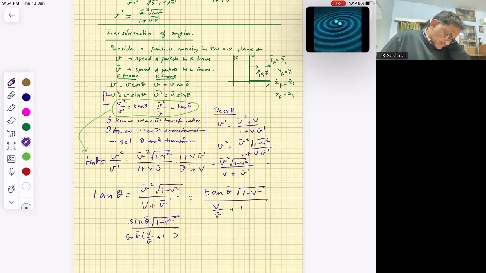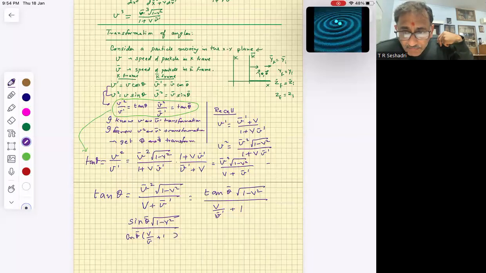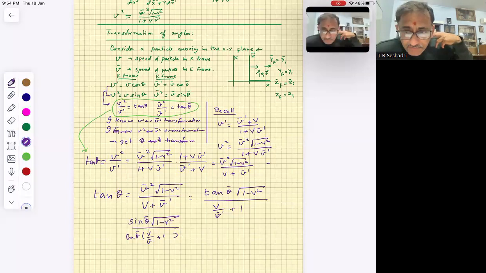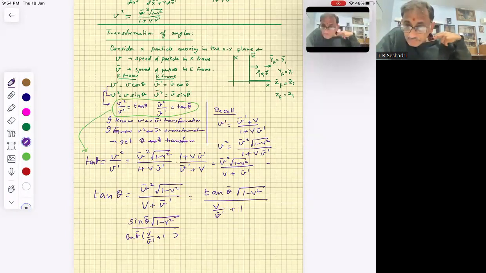Yeah. To V plus V bar 1, right? In the bracket. V by V bar 1 plus 1. Just a minute. V bar 1. Yeah, that's correct. But I'm not happy with this.